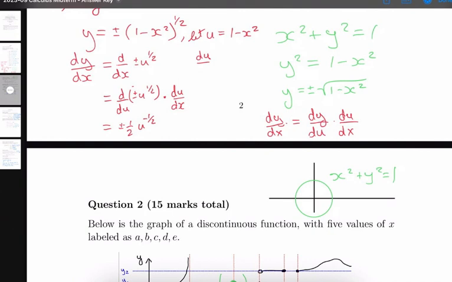So what we did here, for the dy by du, we wrote y instead of writing y as a function of x. So actually, it's this.